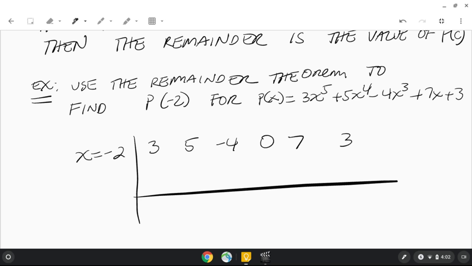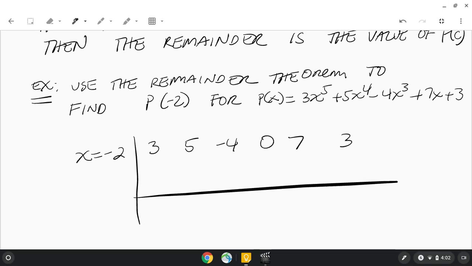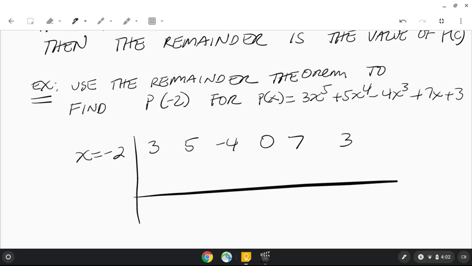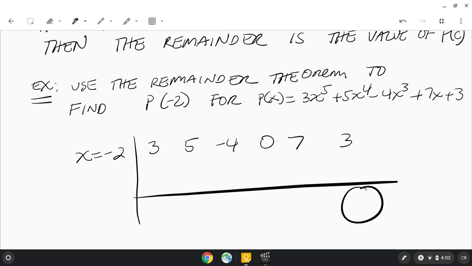Okay, so let's go ahead and do the synthetic division. According to the Remainder Theorem, whatever I end up with over here for my remainder, that's going to be my answer. So I don't have to plug in -2 into that function and work it all out. I can do the synthetic division, and whatever I get for the remainder, that's equivalent to what you get when you plug in -2.